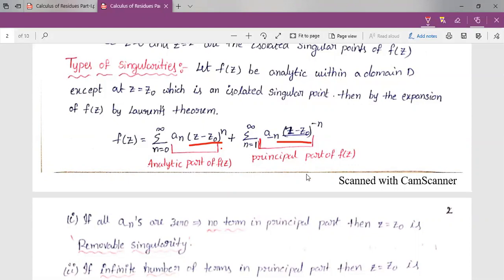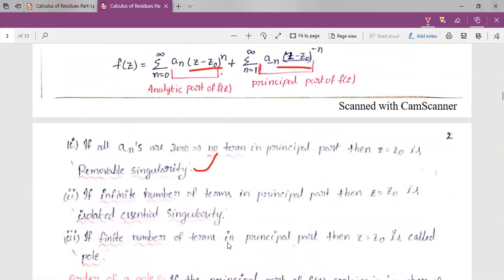So here we discuss types of singularities, especially based on the principal part of f of z. If there are no terms in the principal part, then z equal to z naught is called a removable singularity.